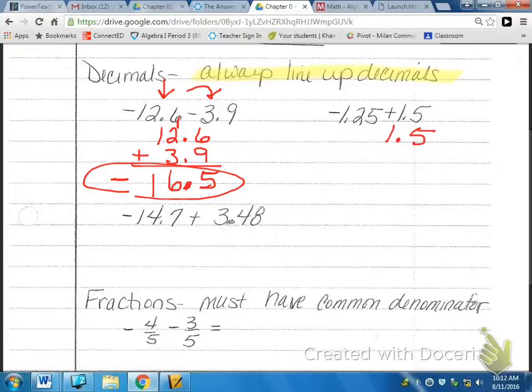You're going to subtract 1.5 minus 1.25. And this is one of those cases where there's a blank there. Josh, what should I put in there for that blank by the 5? 0. Okay, help me out now. Can you take 0 minus 5? To borrow, it's like 10 minus 5, which is? 5.